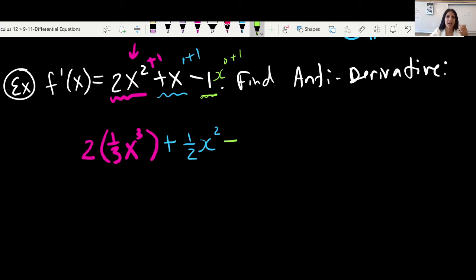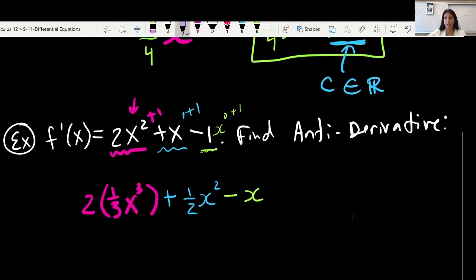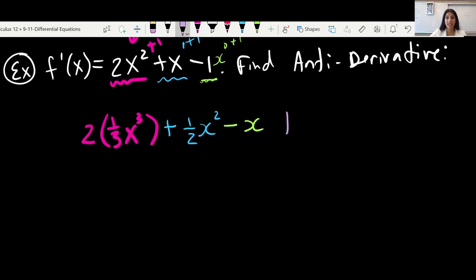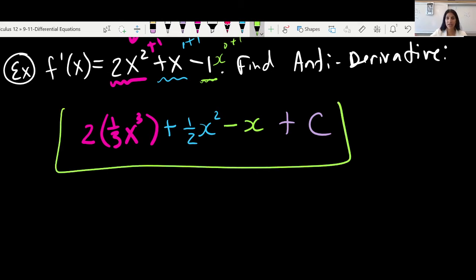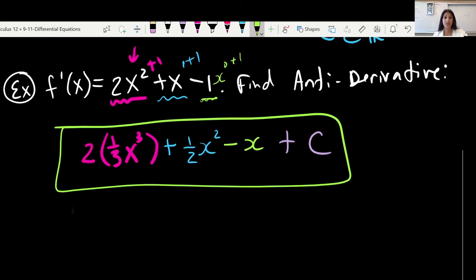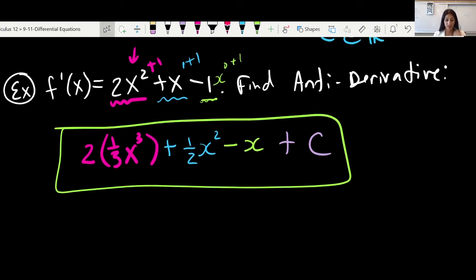And then I would bring that out front. It would just be a 1. So I know that I end up with x to the power of 1, which I can just leave as an x. And then I had taught you to make sure that you include that plus c at the end. So then to finish things off, I'd put a plus c there. So after all that work, this is what we would get for the antiderivative of 2x squared plus x minus 1.